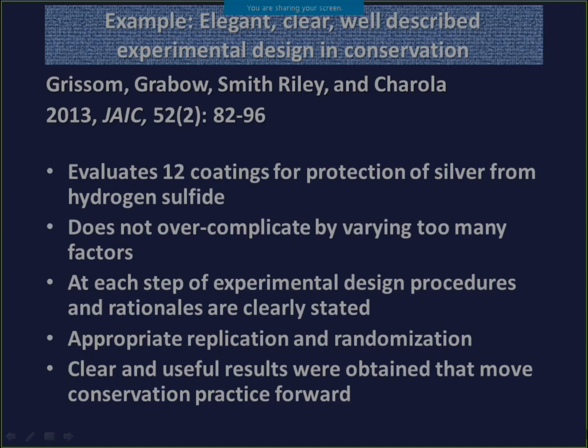They selected one standardized application method. Then each coating had 4 silver coupon replicas, and the thickness of the coatings was measured with repeated measurements along the coupon. Coupons were exposed to hydrogen sulfide for 125 days with periodic removal for continuous evaluation because they wanted to capture when change initiated for each coating.